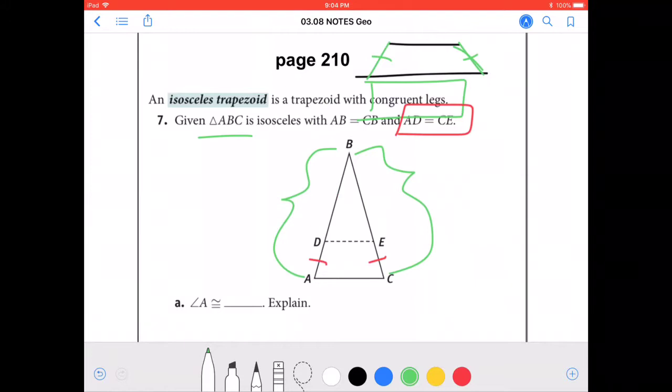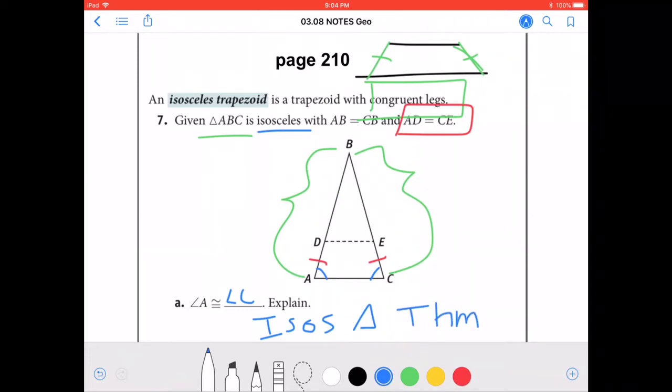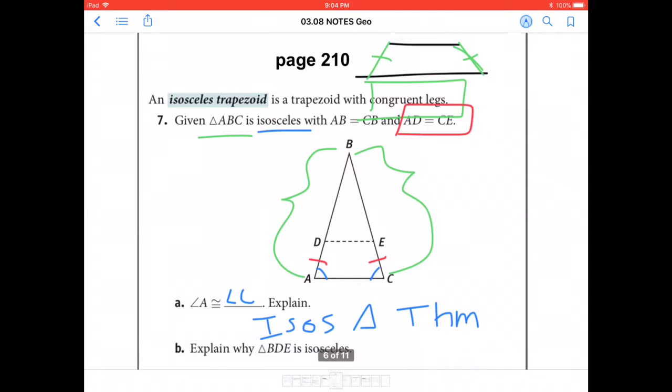So hopefully by the fact that it's isosceles, we remember that our base angles would be the same, and for this isosceles triangle the base angles would be angle A and angle C. So those would be congruent, and that was because of the isosceles triangle theorem. That stated that if we have an isosceles triangle, our base angles are the same.